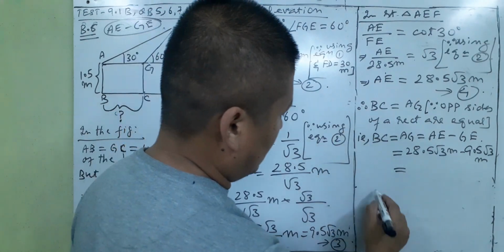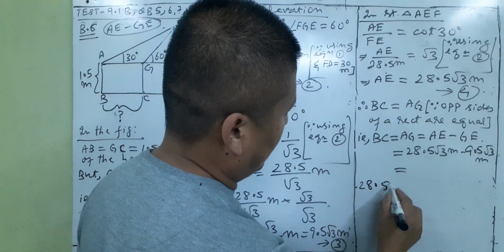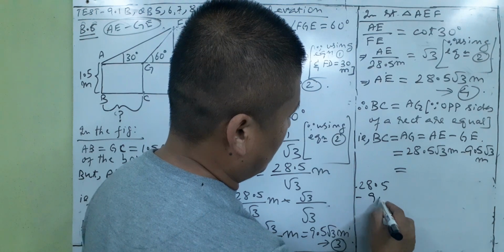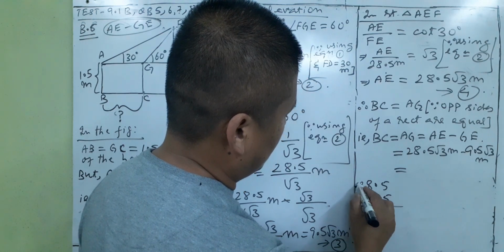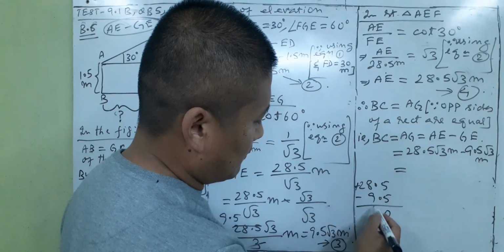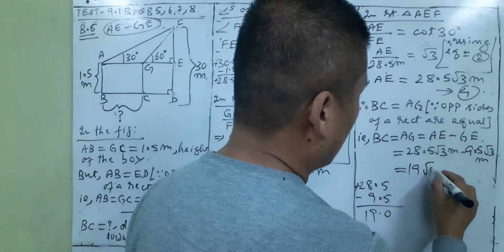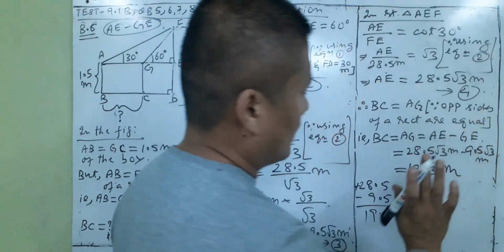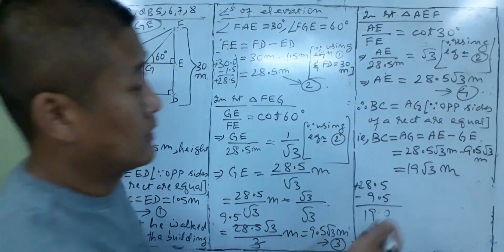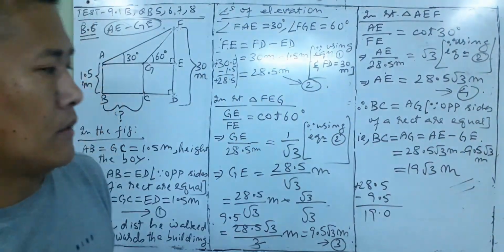So you can do that here. 28.5 minus 9.5: 5 minus 5, 0. 18 minus 9, 9. 1 taken, so 19.0, which means 19 root 3 meter. So the distance walked is this one. We got the answer. Okay.